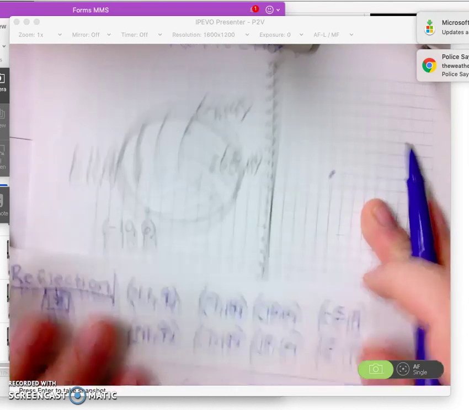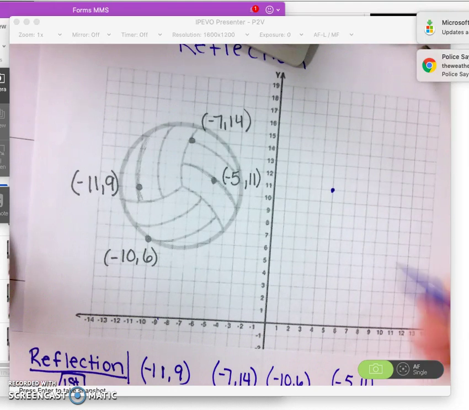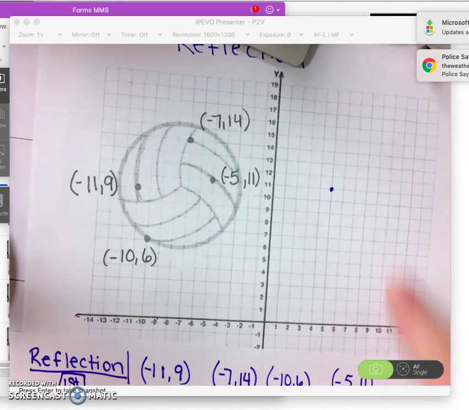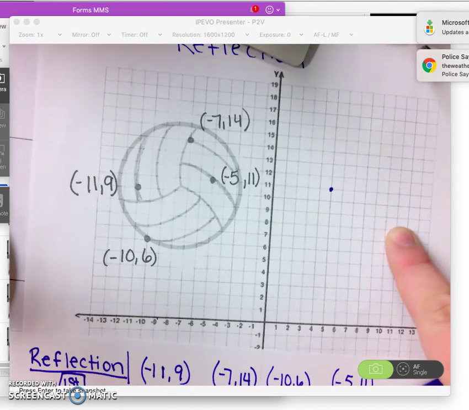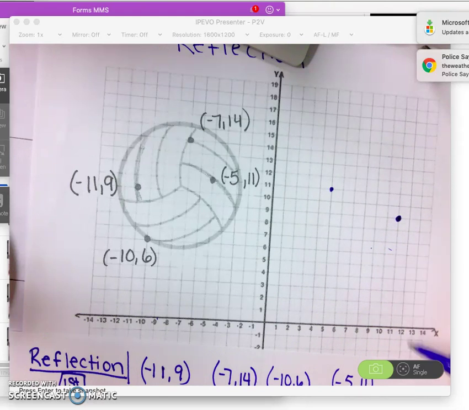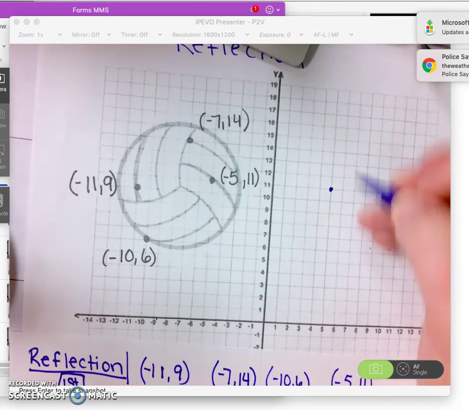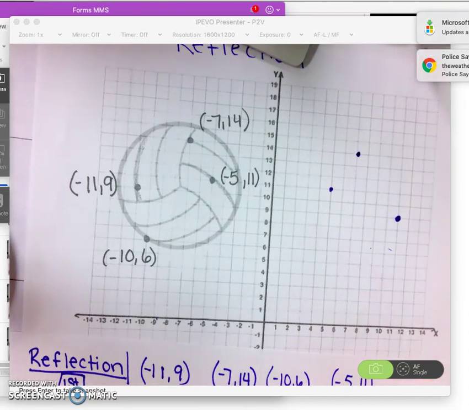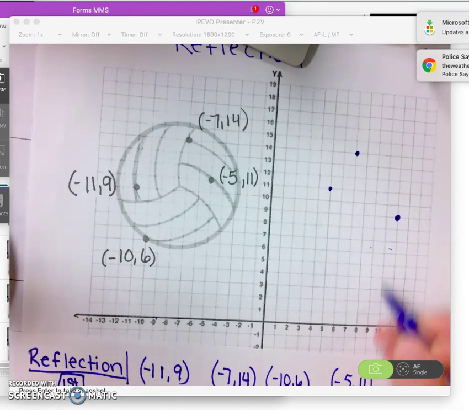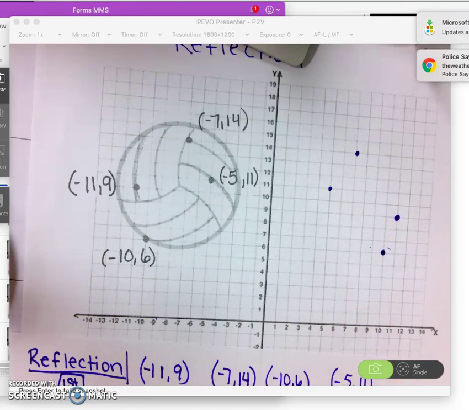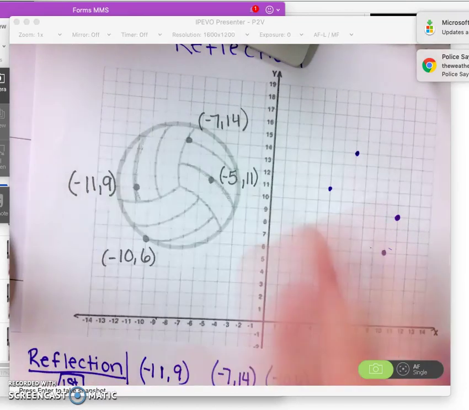I would have to do 11, 9. 2, okay, 7, 14, and 10, 6. Okay, and then I could draw my picture.